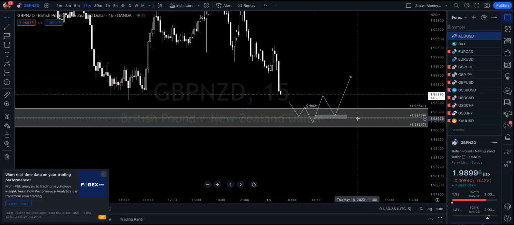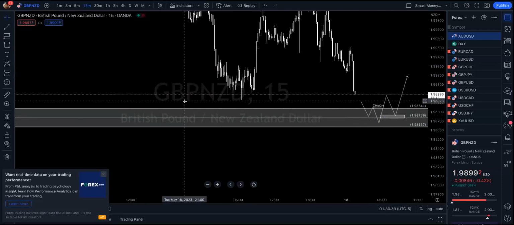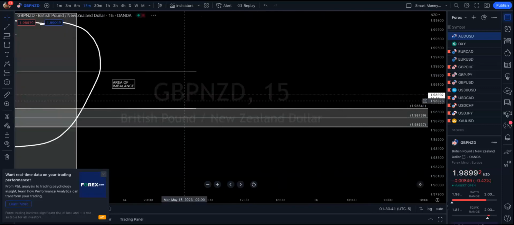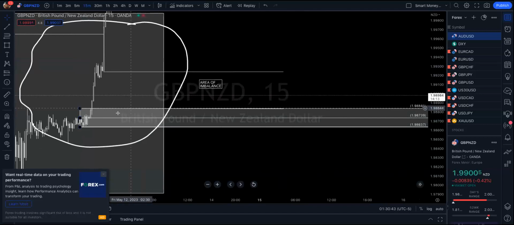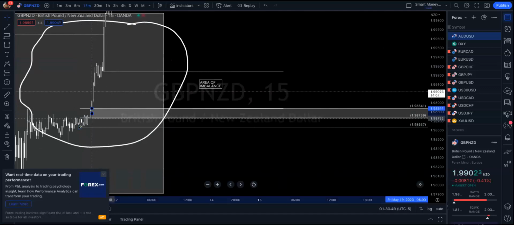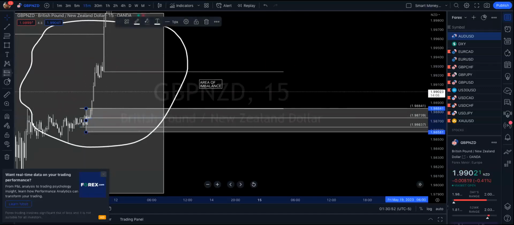21 pips, right? You could go down. Let's see, could this be refined? You probably could bring it to here. Let me put on my magnet right quick.